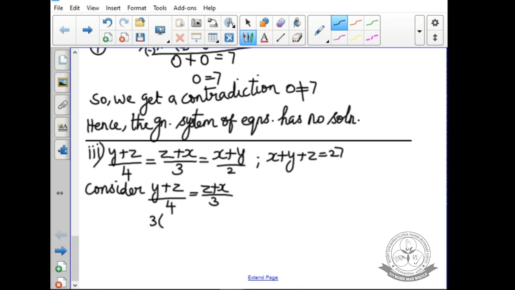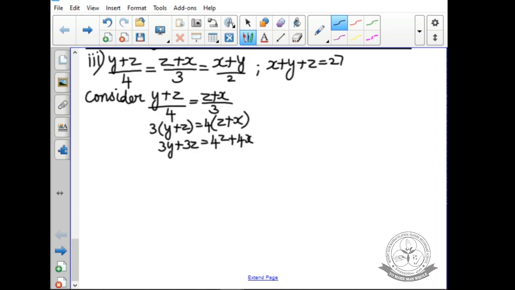So 3 into (y plus z) is equal to 4 into (z plus x). 3y plus 3z is equal to 4z plus 4x. Bring all the terms to one side. We are arranging it in the correct form.